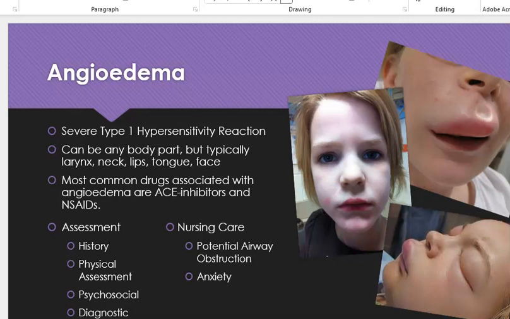This can be difficult to differentiate from another acute abdominal problem. Exposure to any ingested drug or chemical can cause angioedema. The most common drugs associated with angioedema are angiotensin converting enzyme inhibitors and NSAIDs, as well as aspirin.